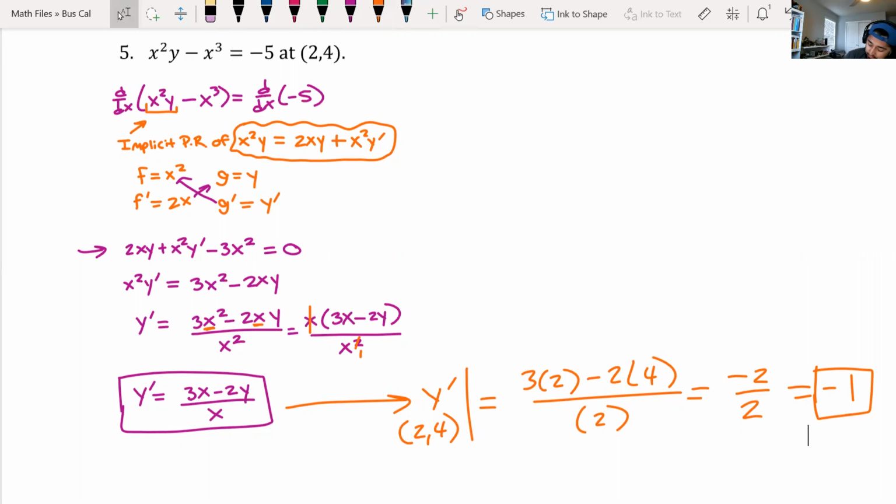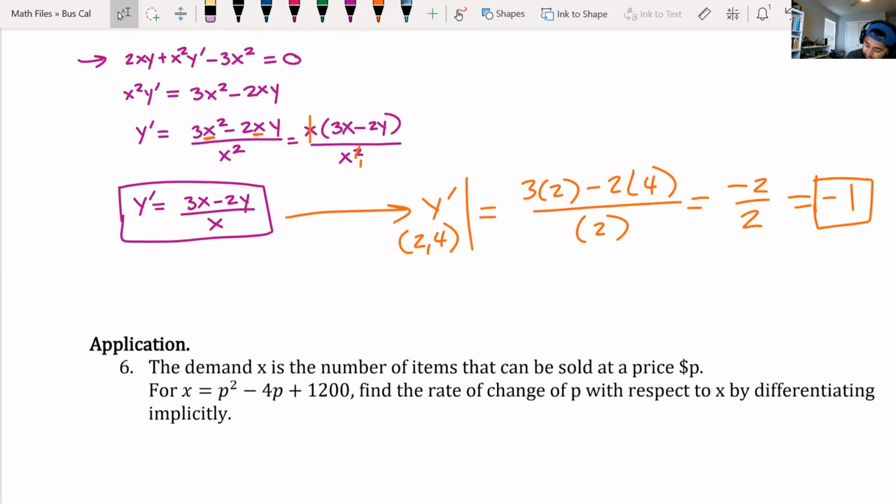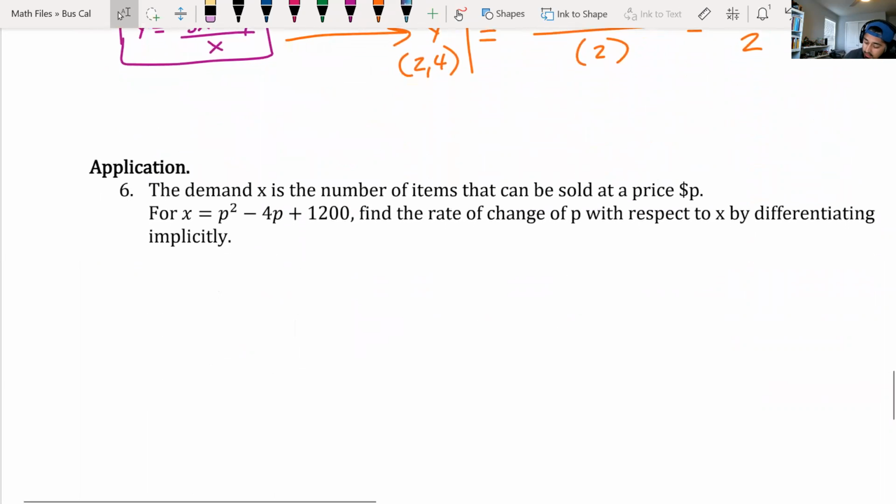Okay. That means last one. The demand X is the number of items that can be sold at price P. For X equals P squared minus 4P plus 1200, find the rate of change of P with respect to X by differentiating implicitly.